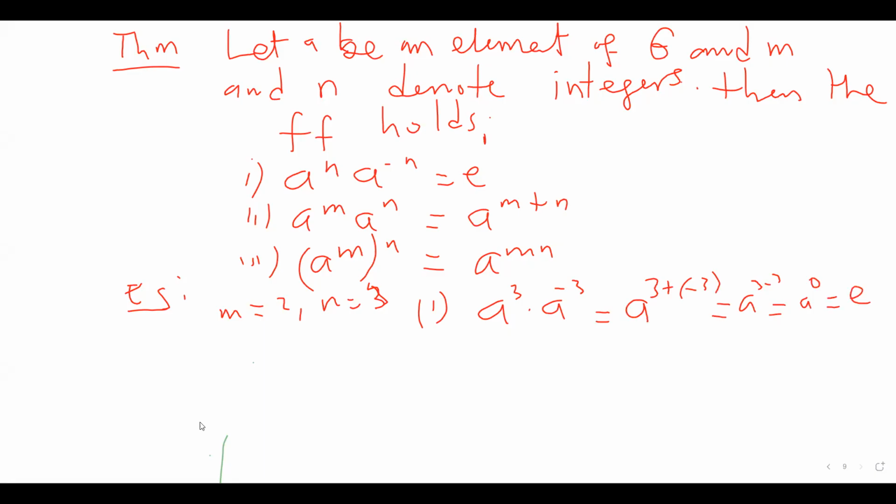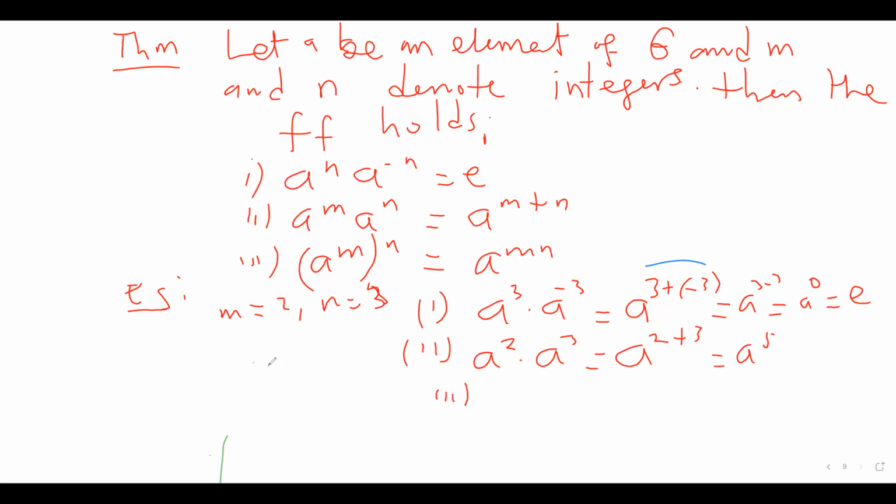Of course, already at this point I have used some properties. But second one, if we take m as 2 and n as 3, then I have a to the power 2 plus 3, which is a to the power 5.